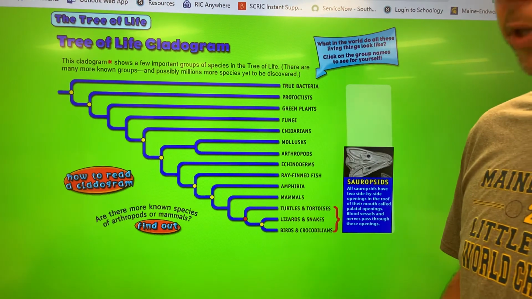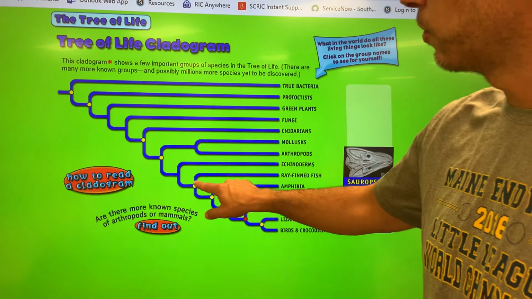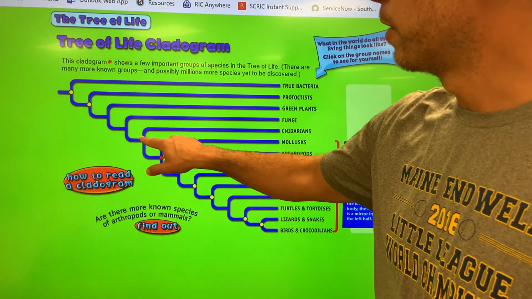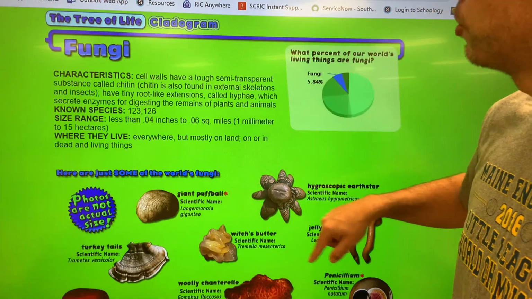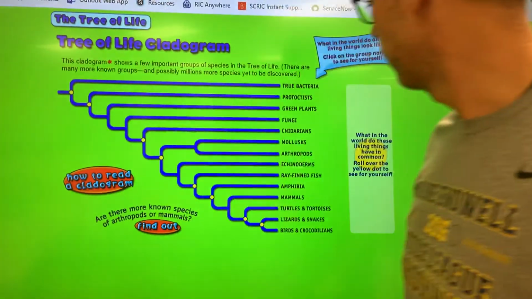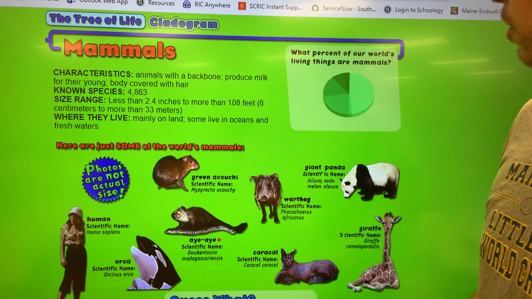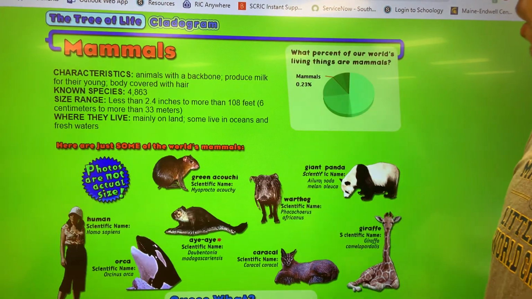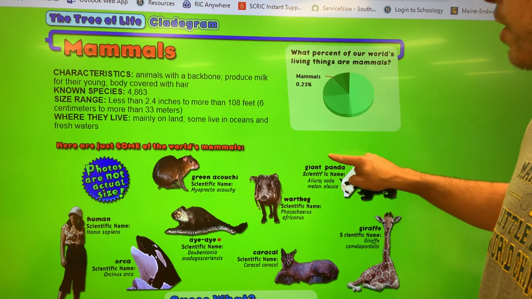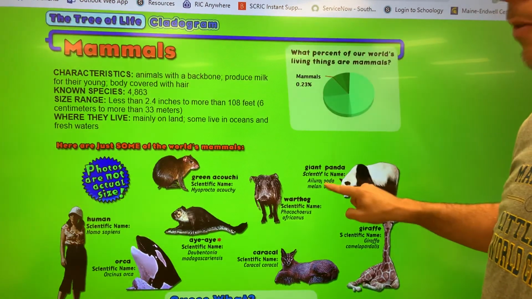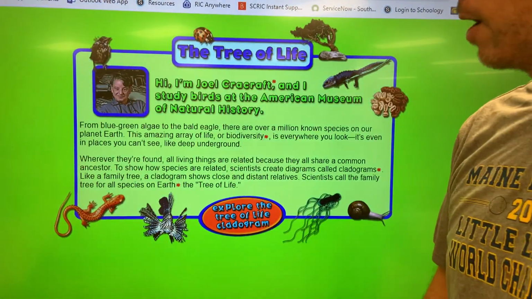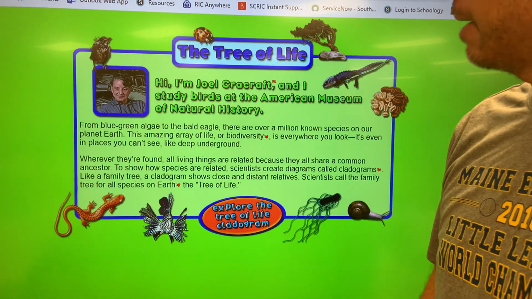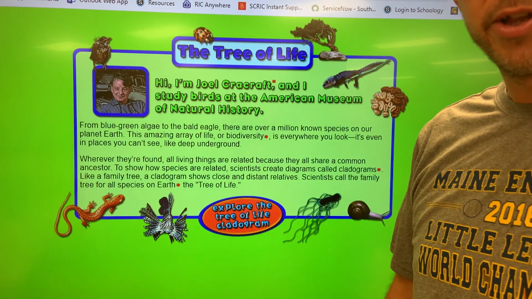It gets really, really specific on these, but our questions will stay really general with you. All of these are hot spots that you can get information from. There's the fungi. Here's the mammals here. If you click on mammals, it'll give you information on all the mammals, and examples of all the mammals here. All right, there's the website you will be given. We'll give you about 10 questions and see how you do reading the cladogram. Good luck.